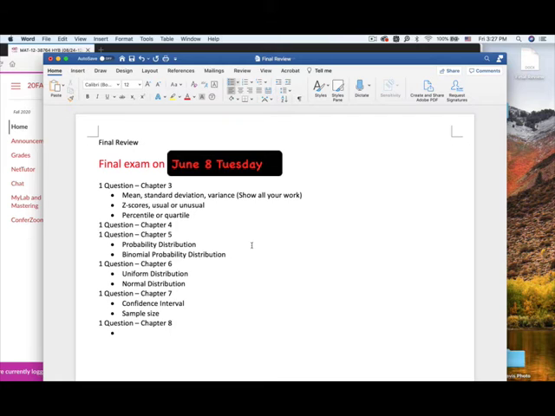And I want you to keep in mind, review the method. We'll be using the p-value method or the critical value method. You need to know both methods. If I specify to use the p-value method, you have to use the p-value method to draw the conclusion. If I say use the critical value method, then you have to use this method.